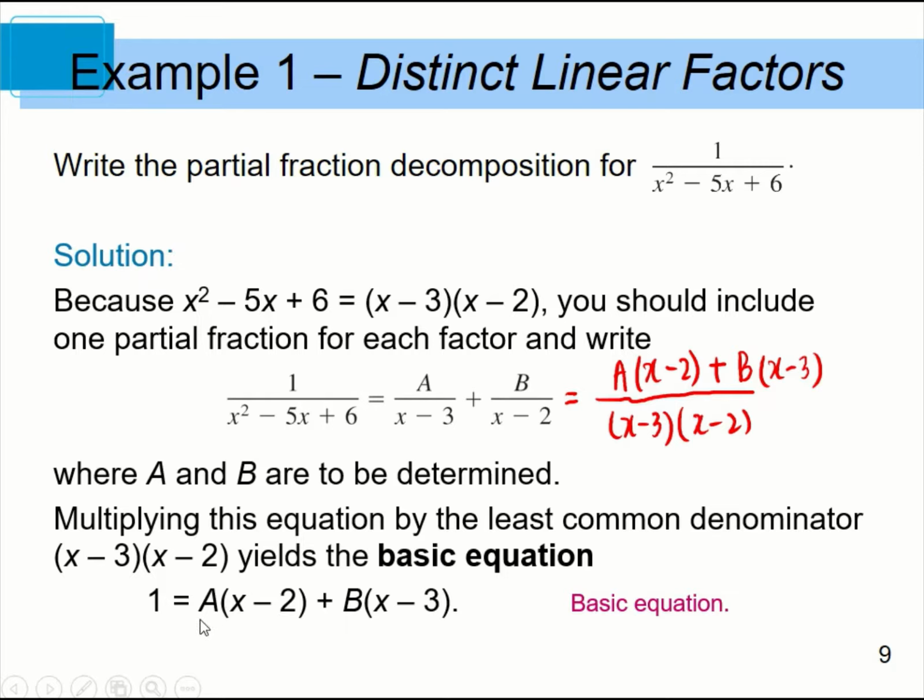How do we find A and B? When x equals 3, 3 minus 3 gives us 0, and then we can eliminate B. Here we have 3 minus 2, which is 1, so 1A is 1 and the other term is 0.